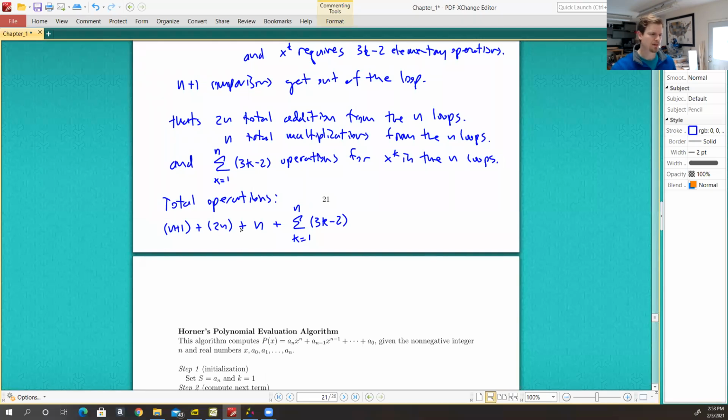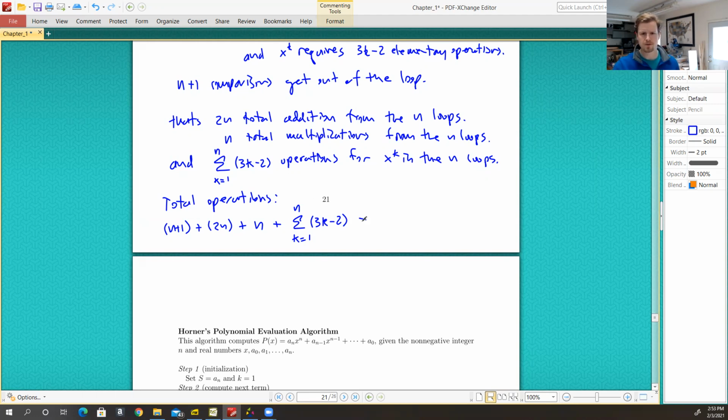So I can combine these pretty easily, but this requires a little bit of work from Calculus 1, right? In Calculus 1, there's a discussion on simplifying these summations. And if you need a little bit of reminder on that, we can do that.